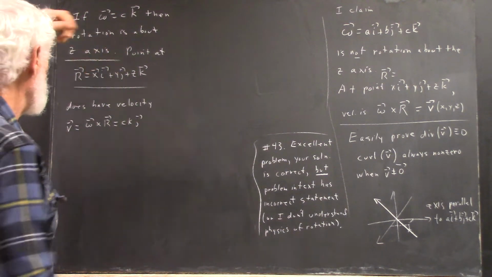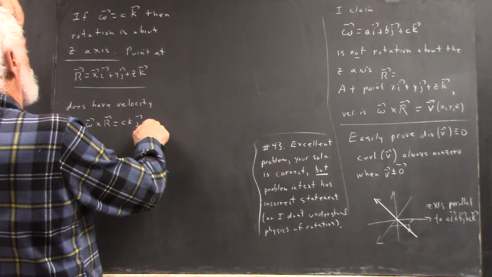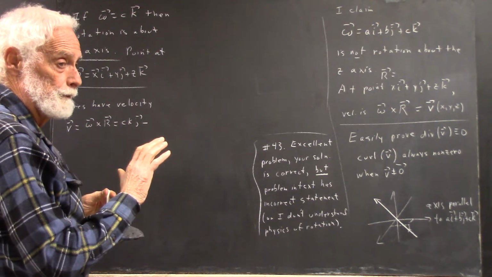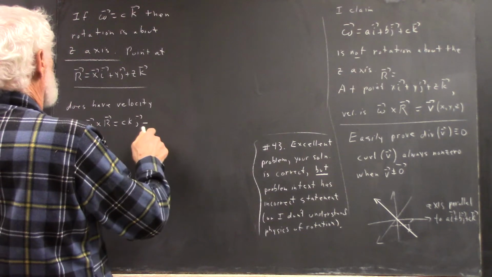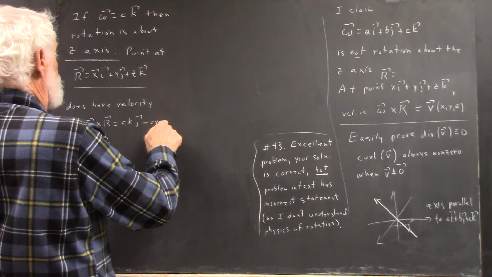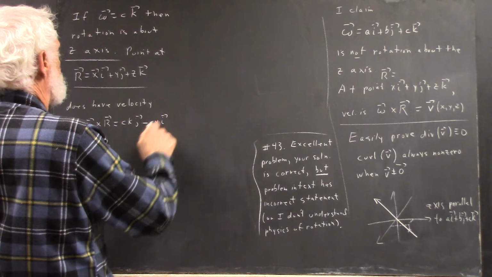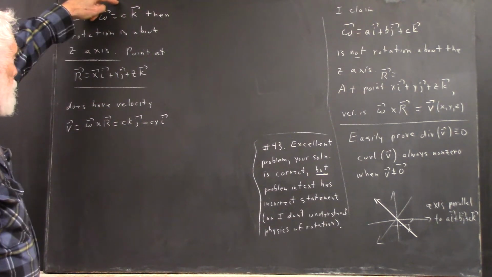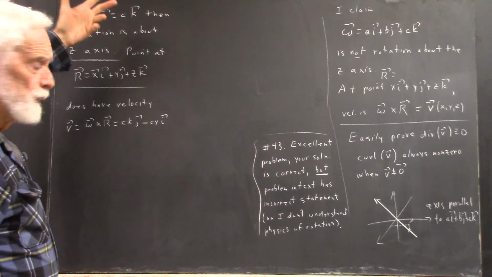Okay, and that's actually then k cross j is negative i, and that's minus cyi, and then it's ck cross k, which is 0.